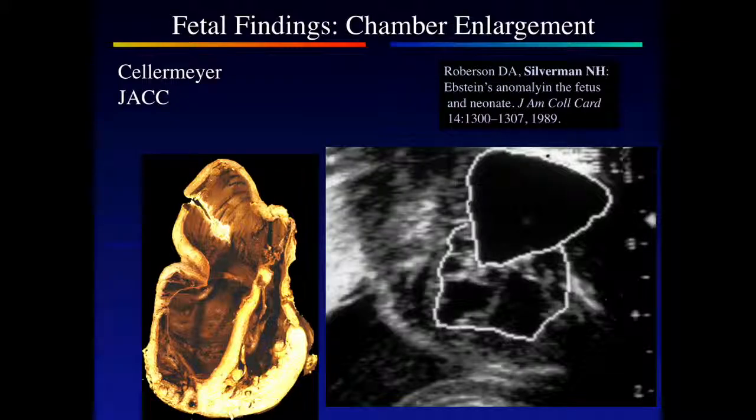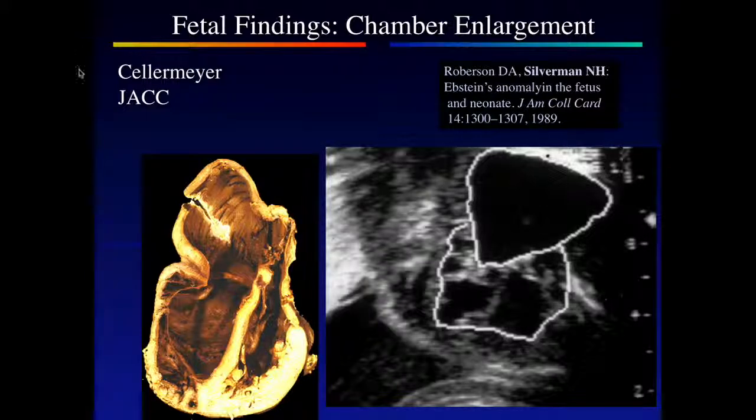Now, in 1989, we established this technique for looking at the ventricle using the atrialized right ventricle against the rest of the chambers to establish a ratio. And when the ratio reached 1:1, we thought that that was a poor prognostic sign. And we published that some time ago.